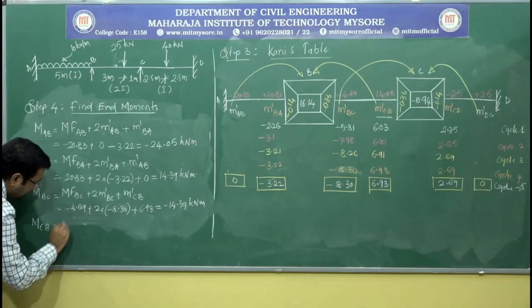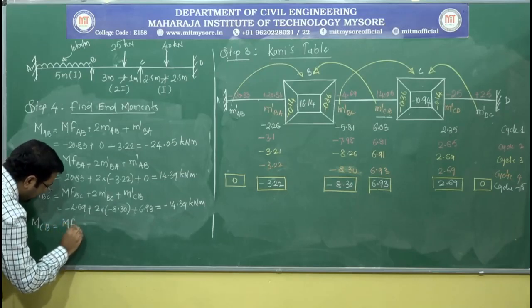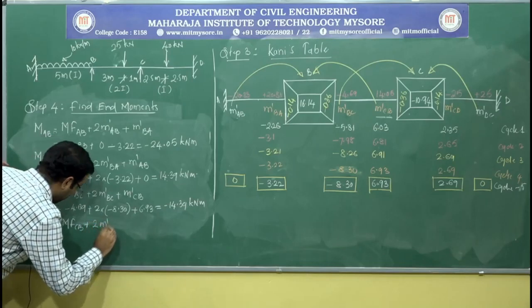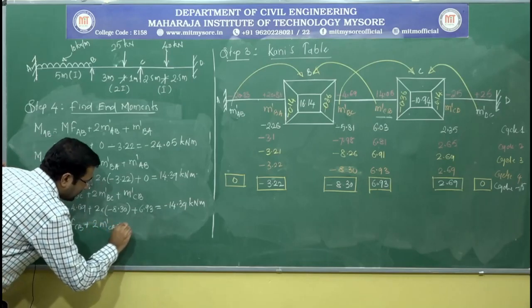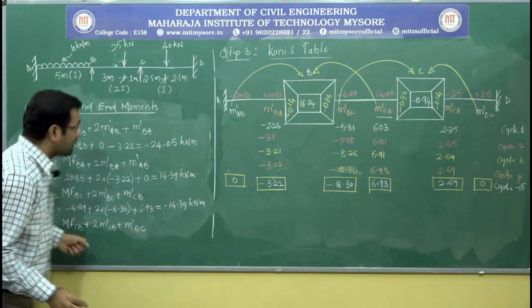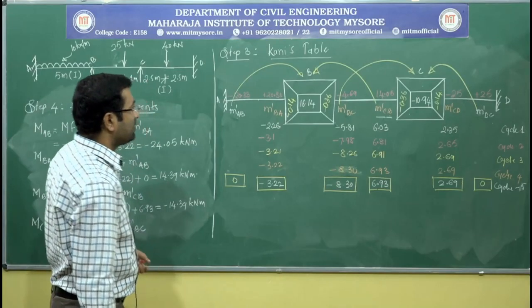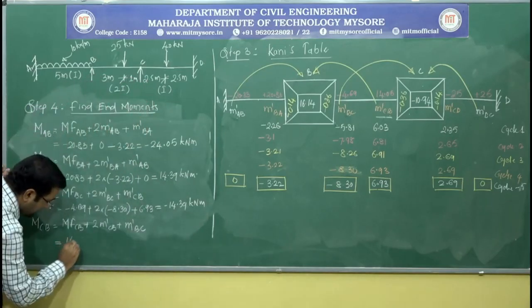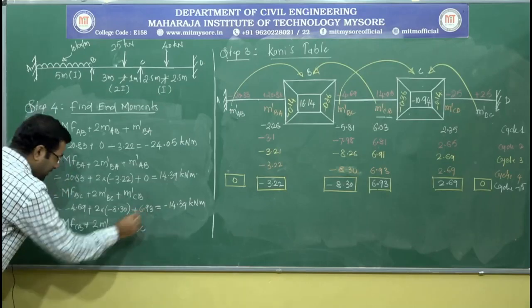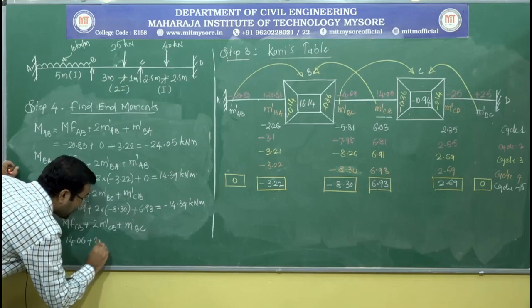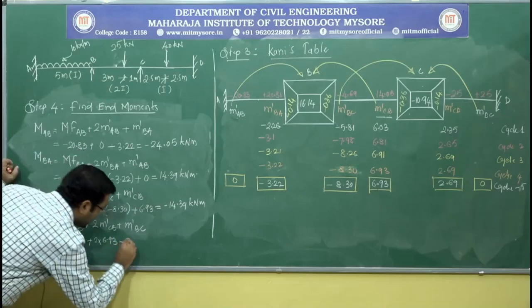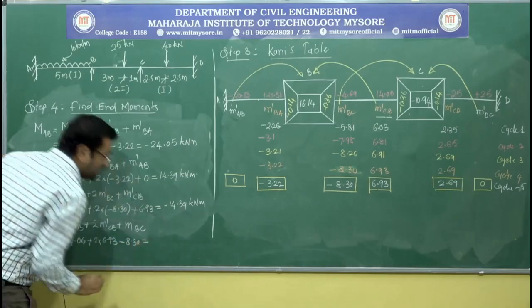M CB is equal to MF CB plus 2 times M dash CB plus 1 times M dash BC. So MF CB is 14.06 plus 2 times the 6.93, minus M dash BC, which is 8.30.